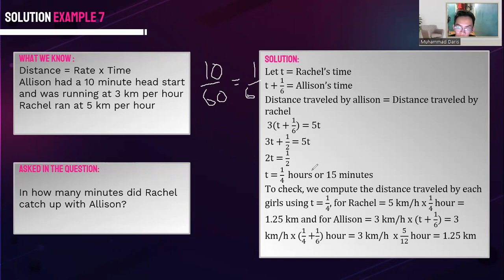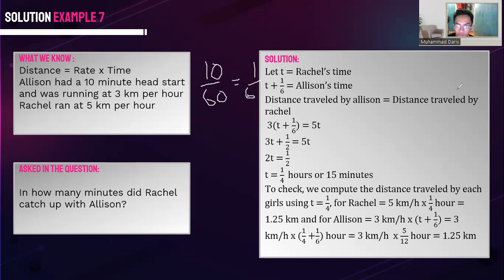To check, we compute the distance traveled by each girl using T equal to 1/4. Rachel: 5 kilometers per hour times 1/4 hour is equal to 1.25 kilometers.